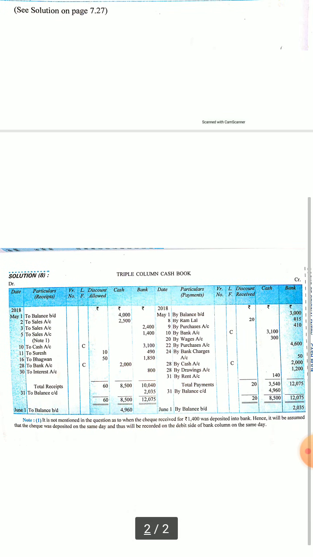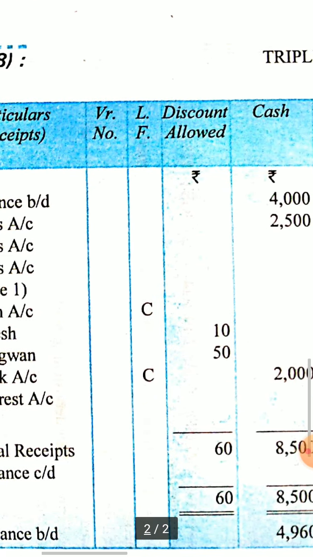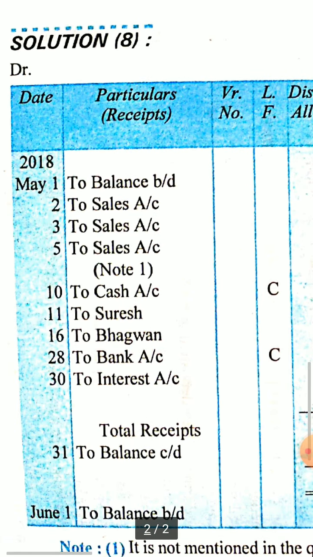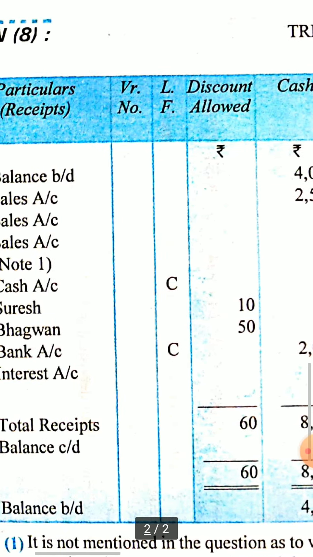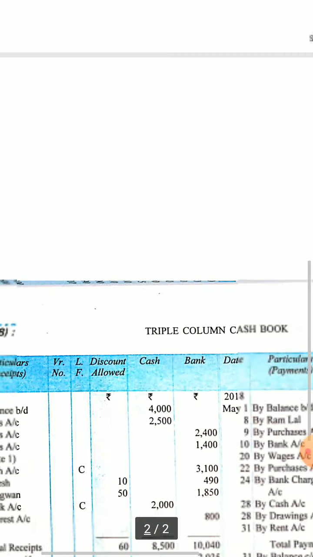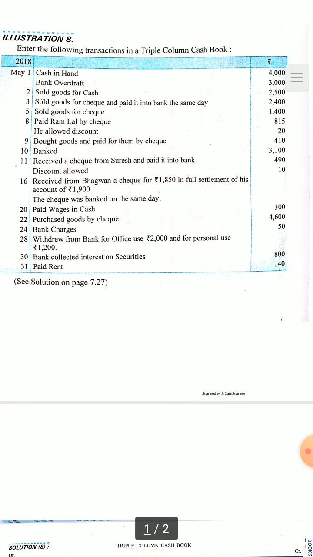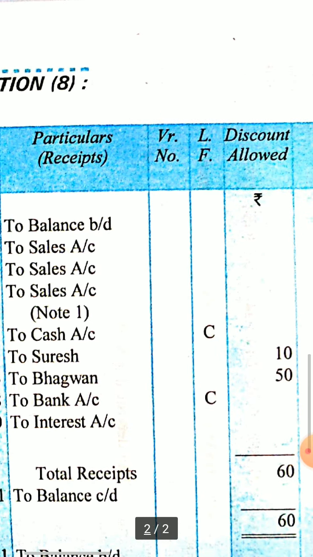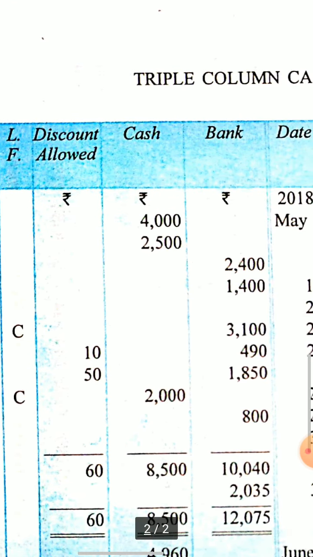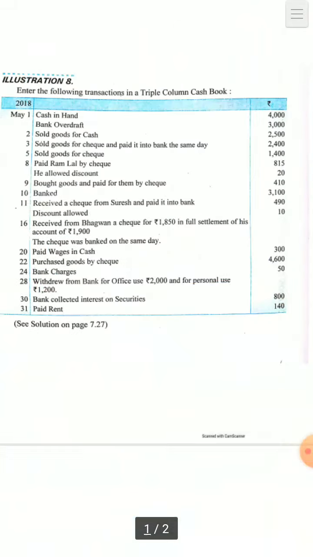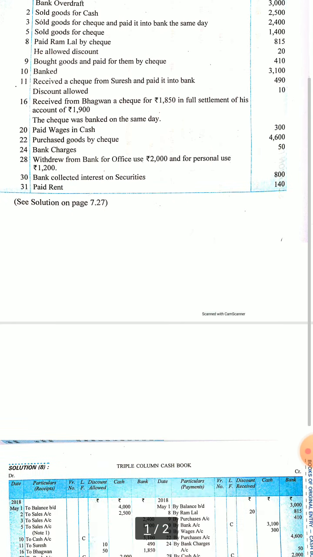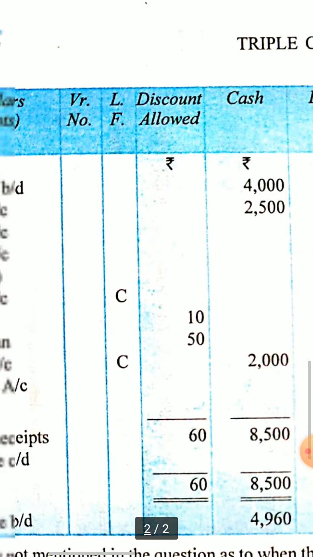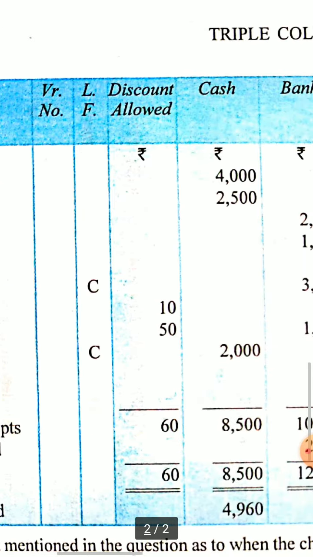Now second, goods was sold. So two sales, 2500 and again two sales, but the second, see how this is done in triple column. When it is a cash sale it is entered in the cash column, and when it is sold through a check, that means sold goods for check and paid it into the bank on the same day, we can do directly this entry, bank account debit to sales.